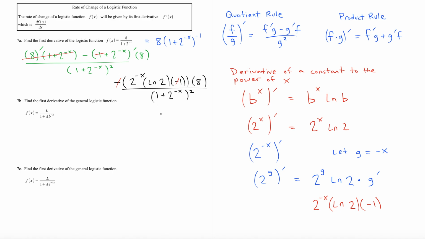And it looks like we'll get 8 ln 2 times 2 to the negative x over 1 plus 2 to the negative x squared.